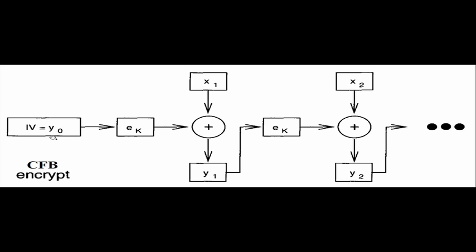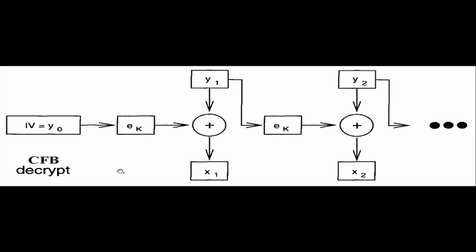So, this is the initialization vector we are encrypting, then we are XORing, then we are getting Y1, then again Y1 we are encrypting. So, here we are using only the encryption, we are not using the decryption of the block cipher. So, this is the CFB encryption, and similarly CFB decryption is this one. Basically we are using only the encryption. Okay.